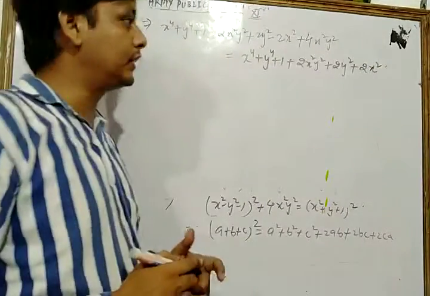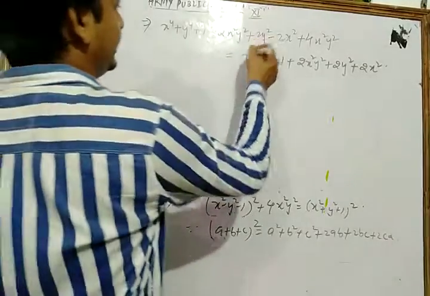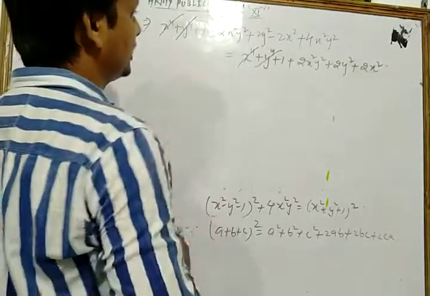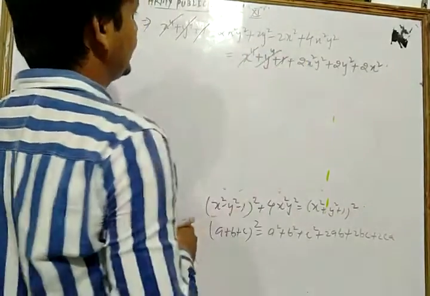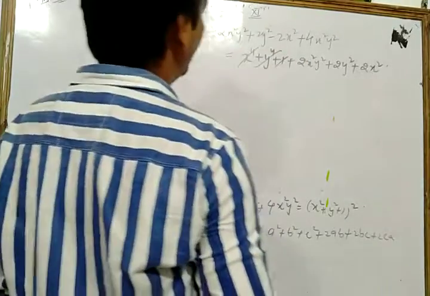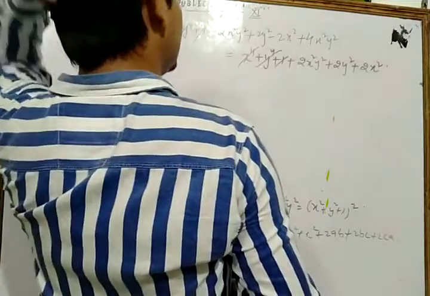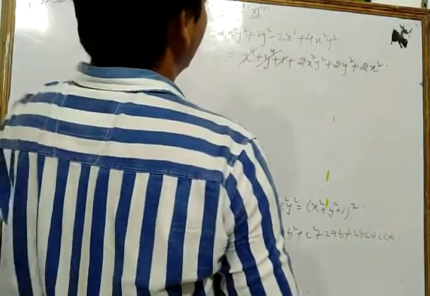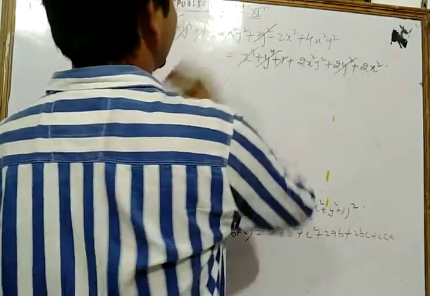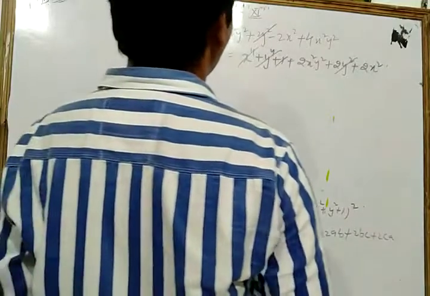Now, dear students, we observe that these terms cancel each other, plus 1 also cancels. Which terms cancel each other? Let's see in that figure. Here plus 2y square cancels each other.